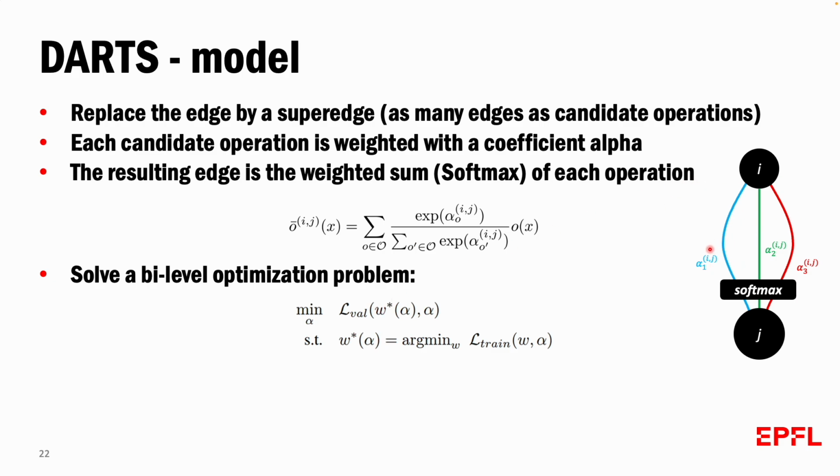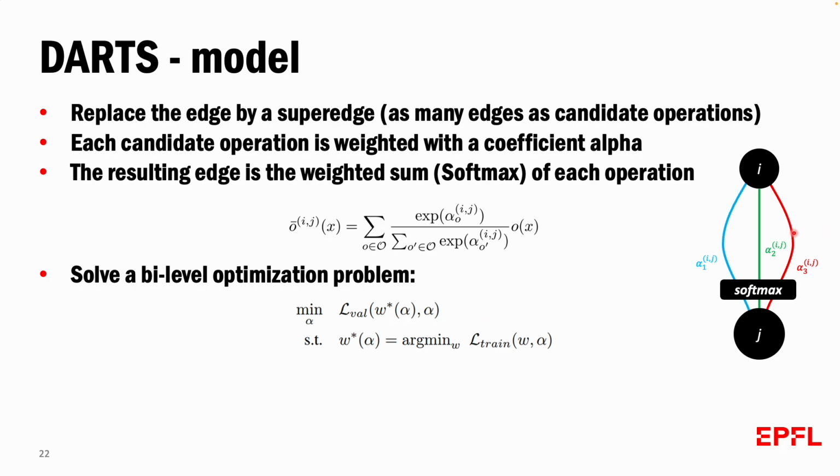So keep in mind that the candidate operations can be parameterized by some weights, and those W star are basically the W star that minimizes the training loss for a given alpha. Okay, so we solve this bi-level optimization problem, and we end up with some alpha and some W star.